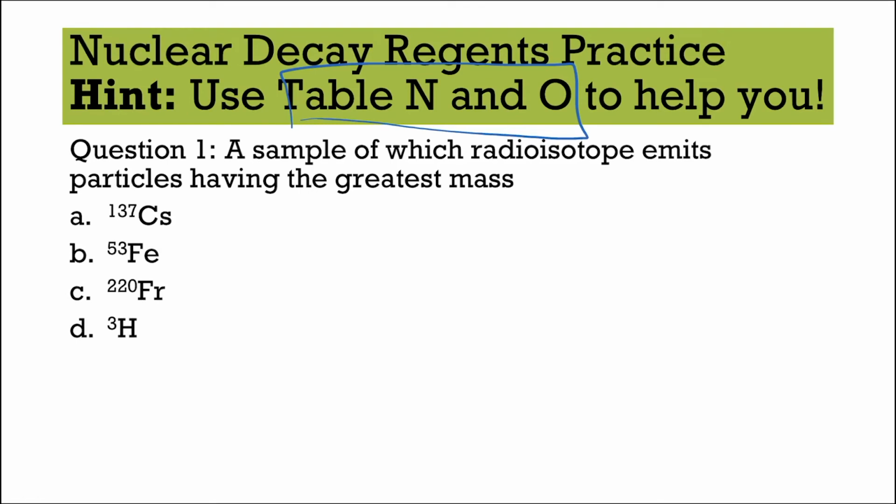So if you find choice A on Table N, you'll see that it has a beta minus, and that has a mass of 0. That top number right here is your 0. If you look at iron-53 on Table N, that's a beta positive particle. It doesn't have any mass, but it has a positive charge. But again, that mass is still 0.